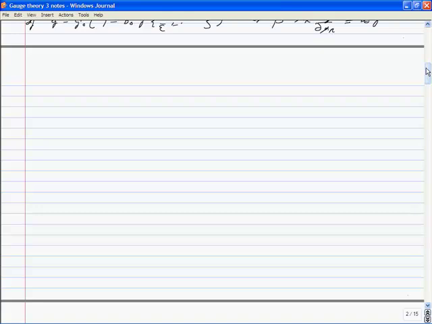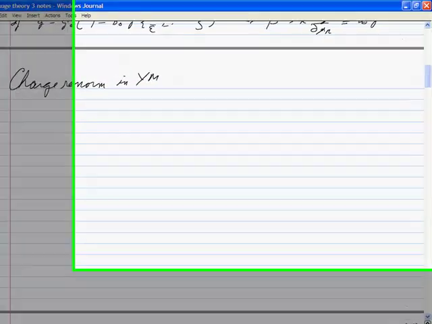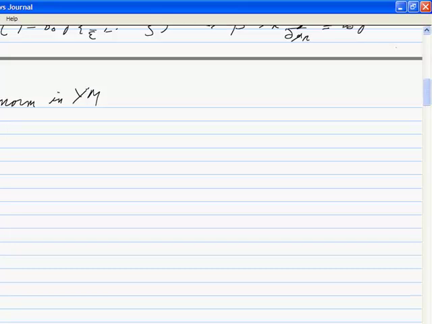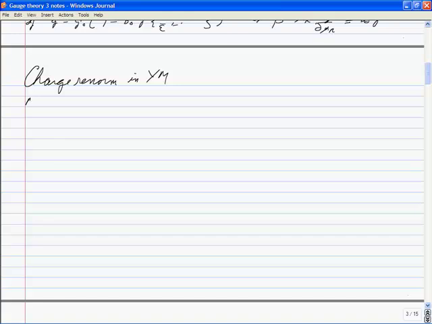Okay, so now to do charge renormalization in Yang-Mills, so in the non-abelian theory. The trick here is that there's many ways to define the charge.